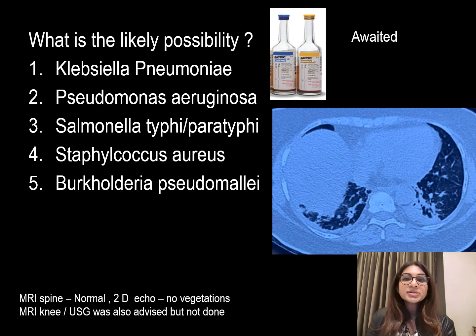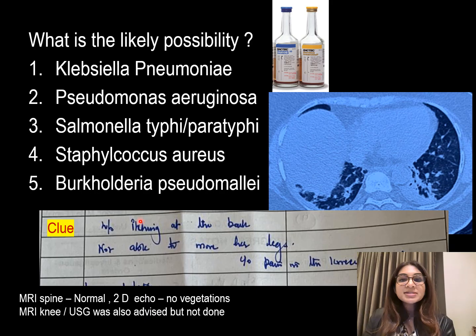So what we did was we inquired the entire history, and there was this clue which was obtained: she said that I have been going and visiting the dermatologist for the severe itching which is happening in my body.